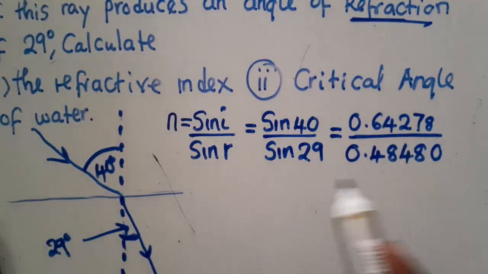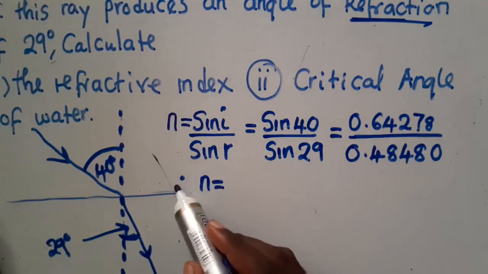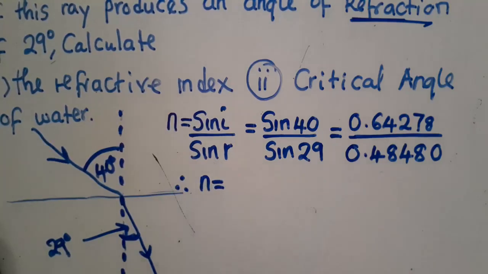So finally, if I divide, what answer am I getting? Therefore, the refractive index is equal to 0.64278 divided by 0.48480.